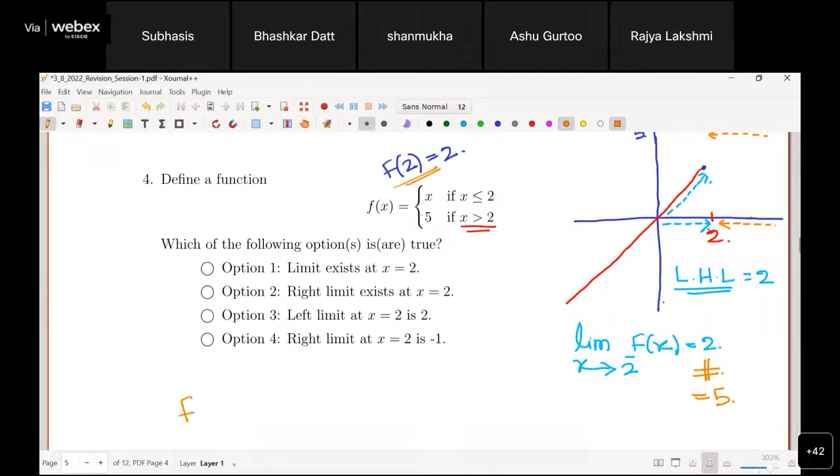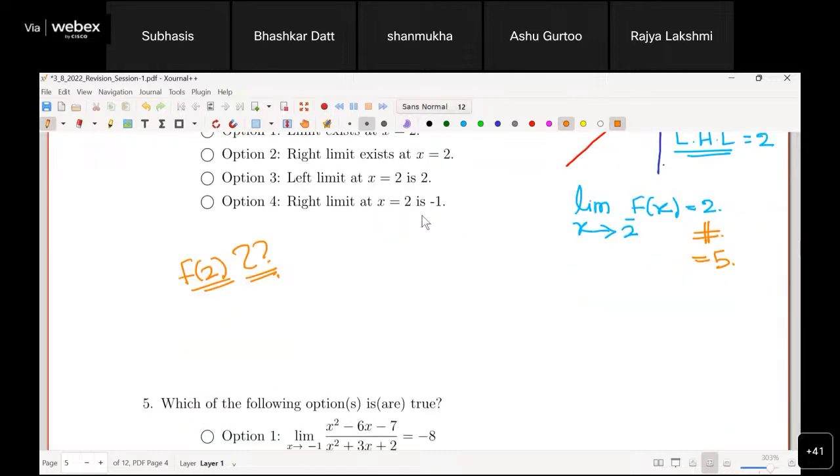If you compute f of 2, then certainly you will not get the limit of this function at x equal to 2, because they don't match. The limit doesn't exist. So if you find the value of the function at 2, it won't give you the limit of the function at x equal to 2.